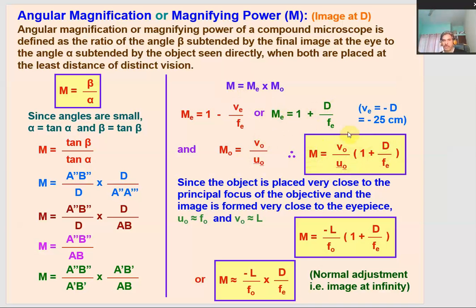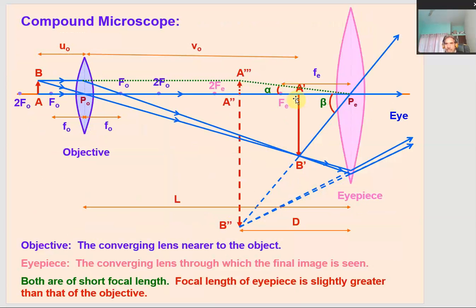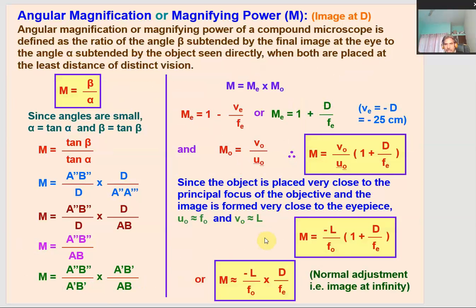Because the object is placed very close to the principal focus of the objective, meaning the object lens, and the final image is formed very close to the eyepiece, the image A dash B dash is formed close to the eye lens. So in that case, what is v naught?